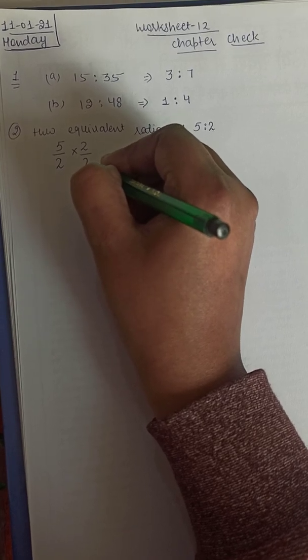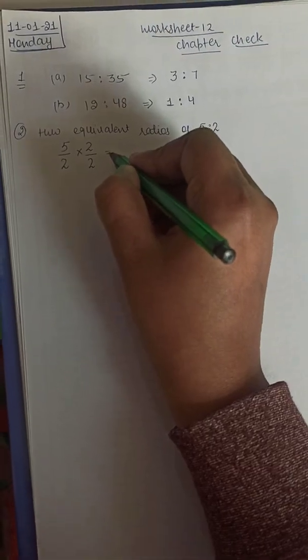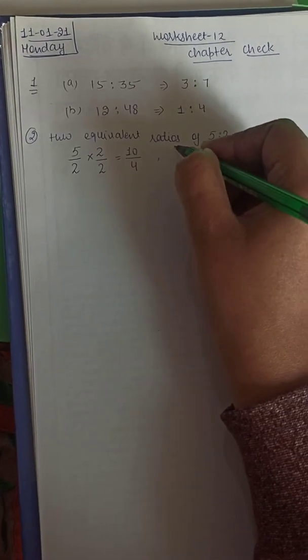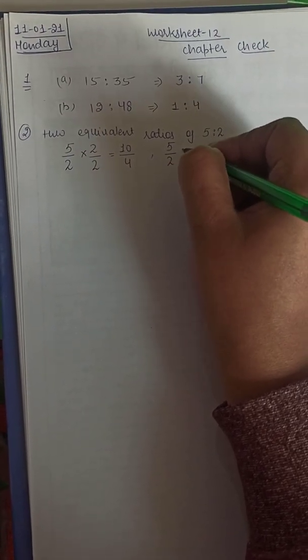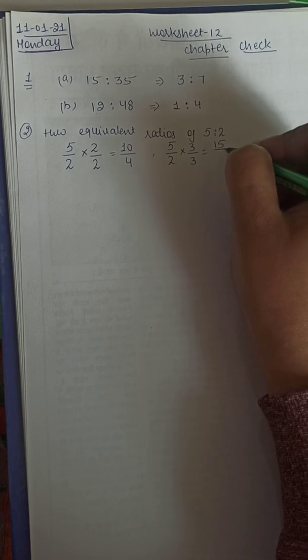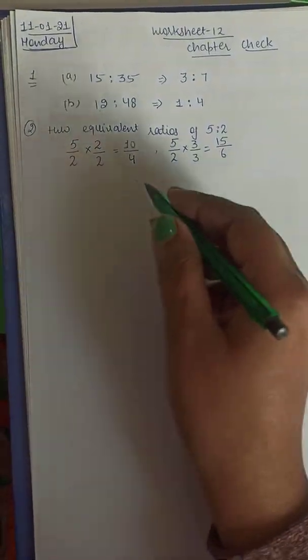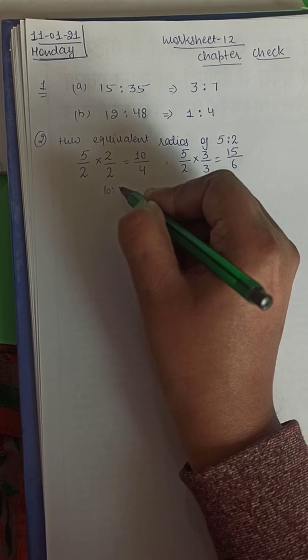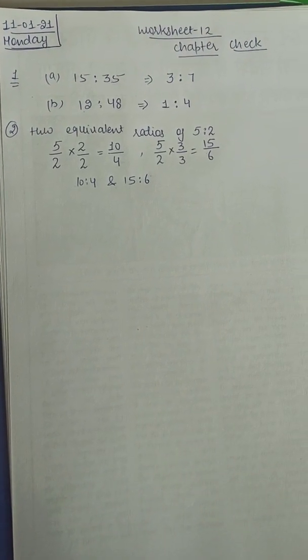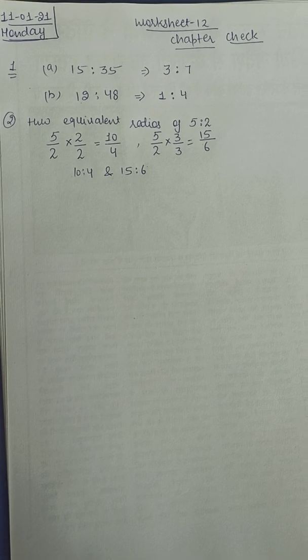We will multiply the numerator as well as the denominator with the same number. 5 2s are 10 by 2 2s are 4. For the third, 5/2 again with the next number, that is 5 3s are 15 by 2 3s are 6. So two equivalent ratios are 10:4 and 15:6. Clear? This is the way to find the equivalent ratios.